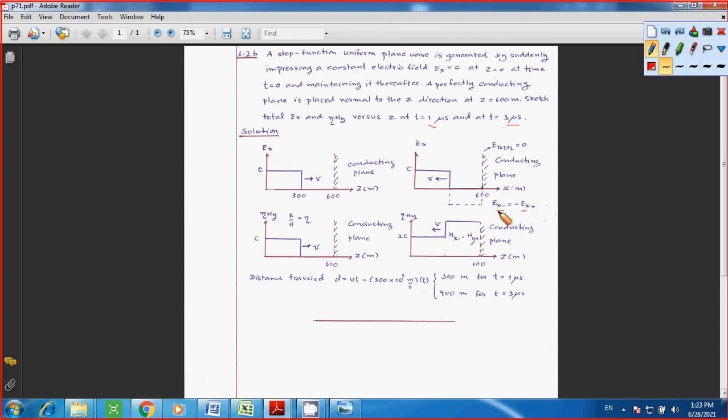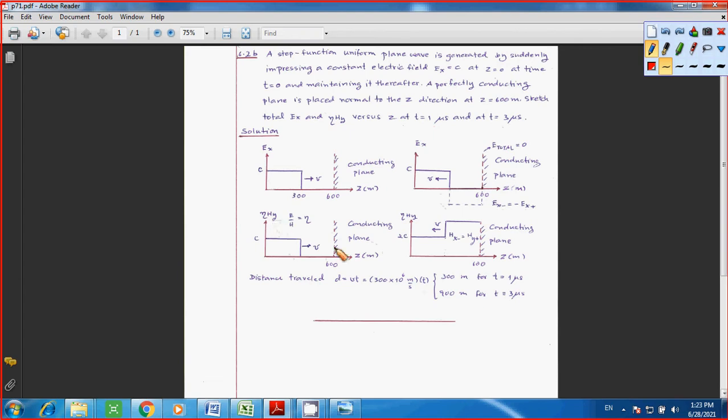So E minus equals negative E plus. When you add them up, you have a forward moving field and a backward moving field, and adding them gives you 0 from 0 meters to 600 meters.